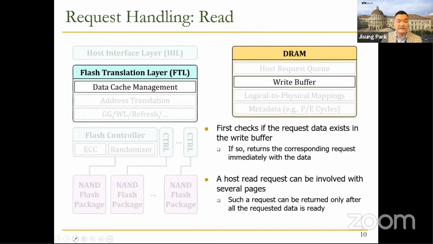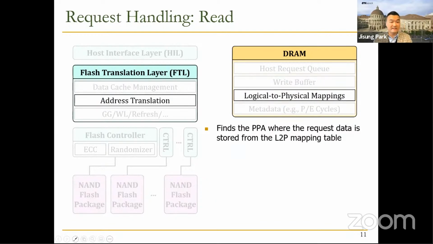However, a host read request can involve several pages, as the host system always tries to merge small reads into a smaller number of large requests, if possible, in order to minimize the communication overhead between the host system and the SSD. And in such a case, the SSD can return the read request only after all the requested data is ready.